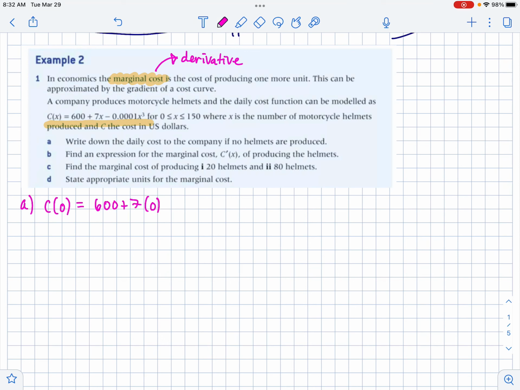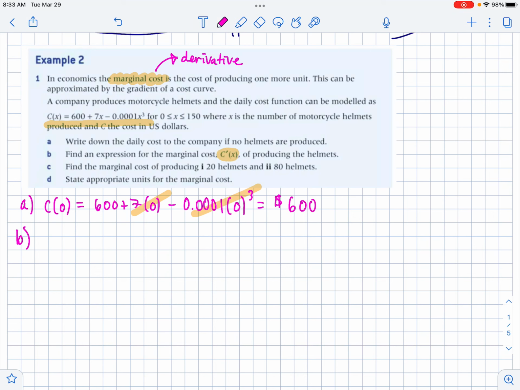So we'll do C of 0, which is 600 plus 7 times 0 minus 0.0001 times 0 cubed, which is just $600 because the zeros get rid of this part and this part. So no derivatives yet. That was just the cost to produce no helmets.